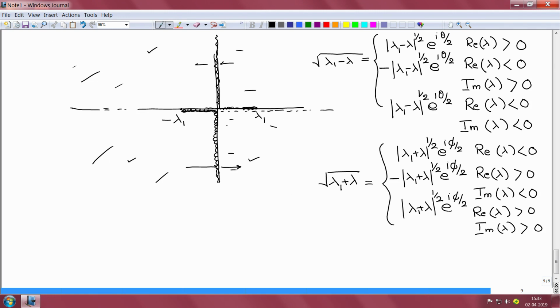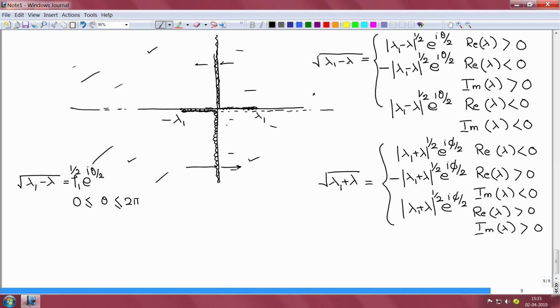Now watch what happens here. Earlier when we started off with lambda 1 minus lambda as rho 1 to the power half e to the power of i theta by 2 with theta limits twice pi, what happened at this point?